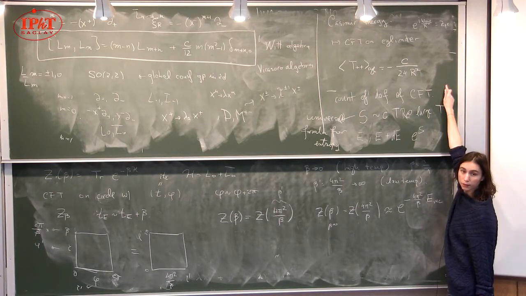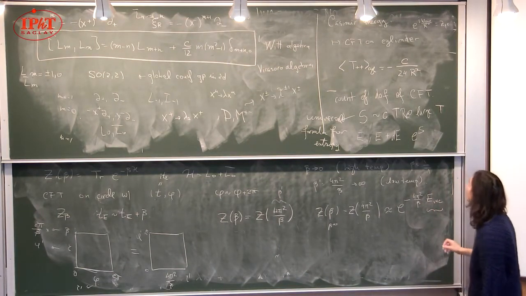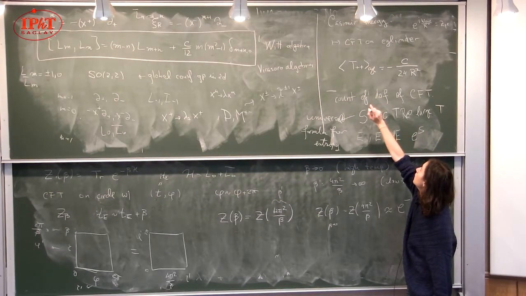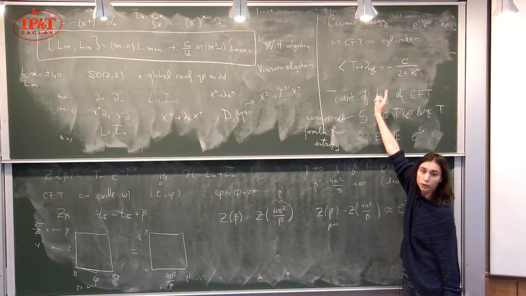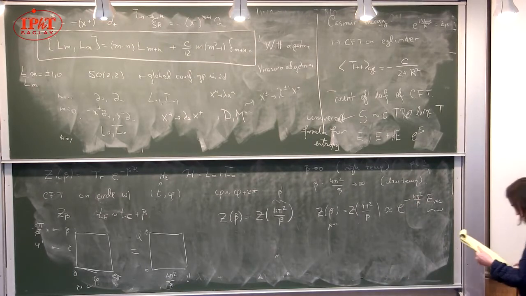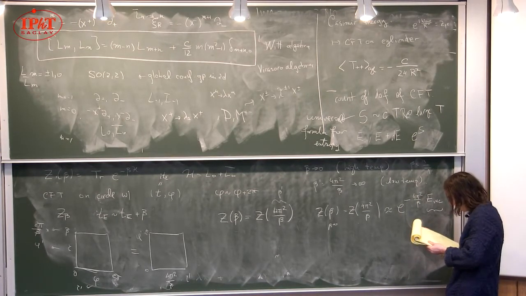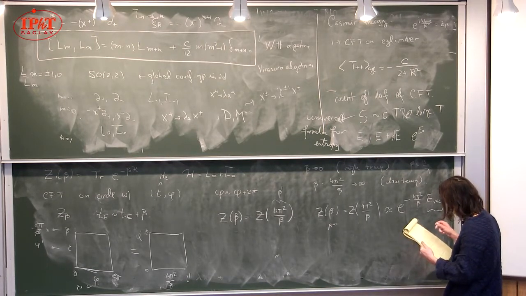Okay, so we just have to plug in this formula for E vacuum. And this was just the left moving energy. So I have to add to it the right moving energy to get the total energy. And I guess I also need to multiply it by some 2 pi. Do I have to multiply it by 2 pi?